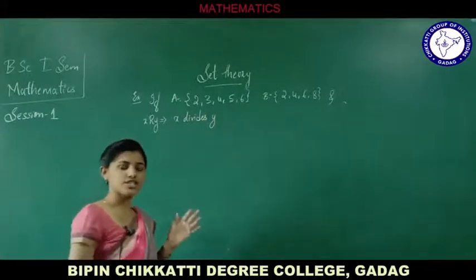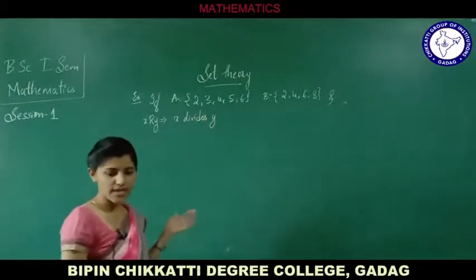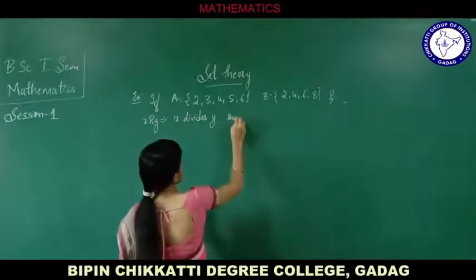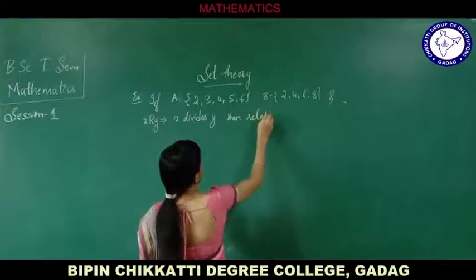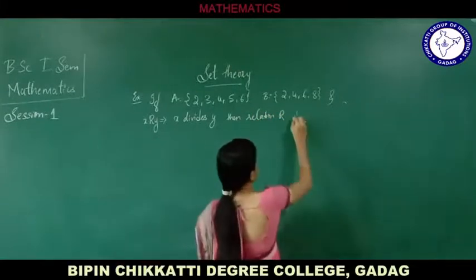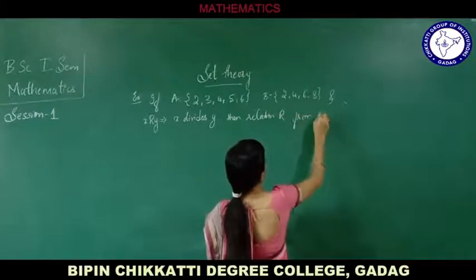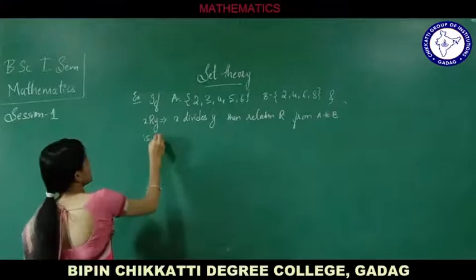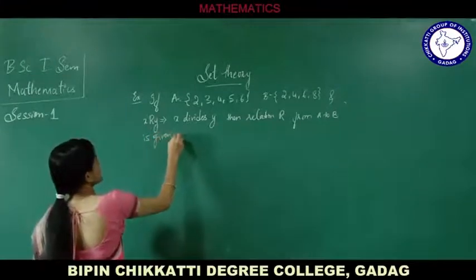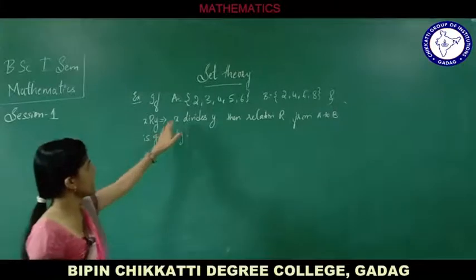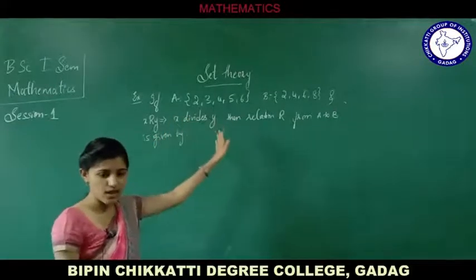Then the relation R from A to B is given by, we need to keep in mind the relation between them is that x should divide y.